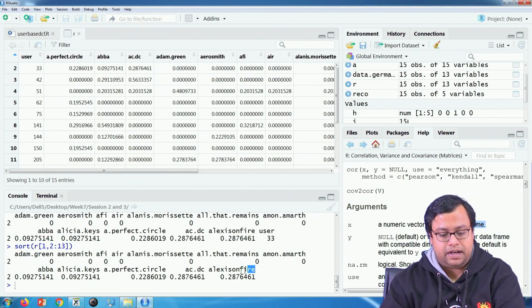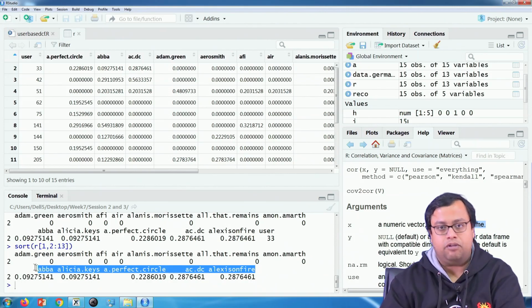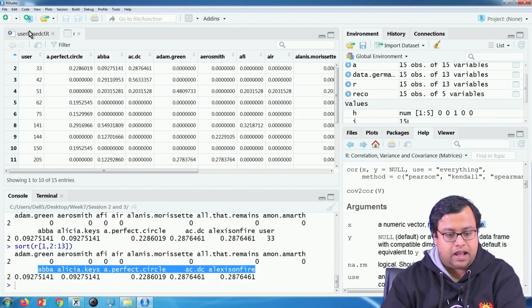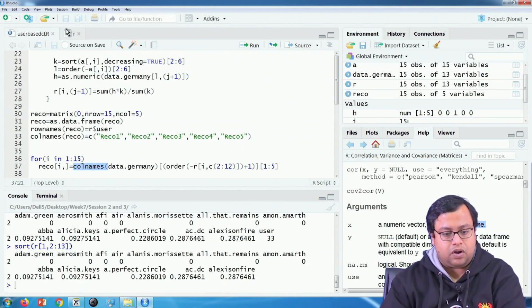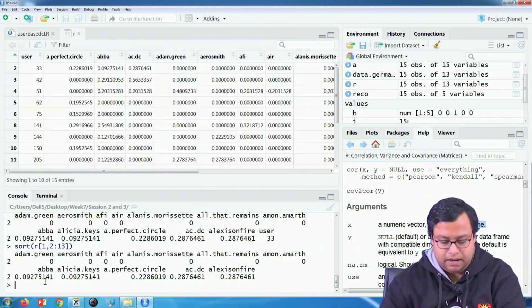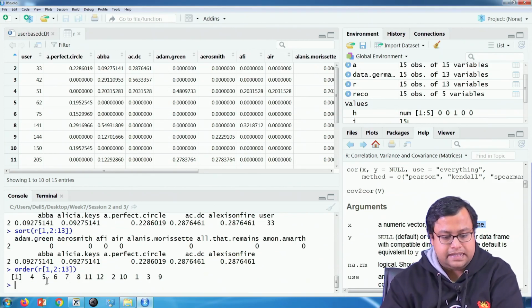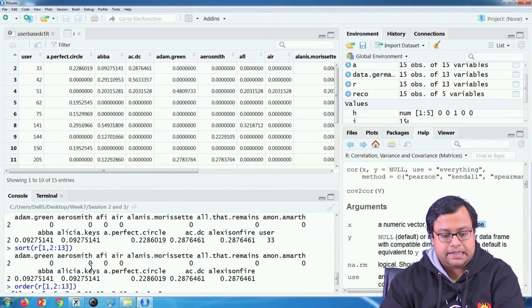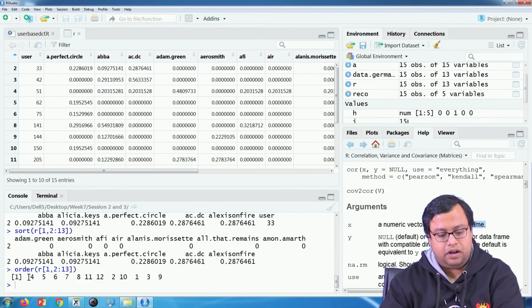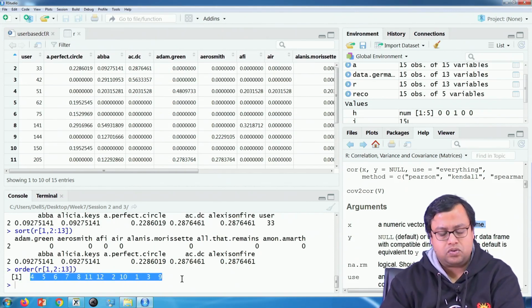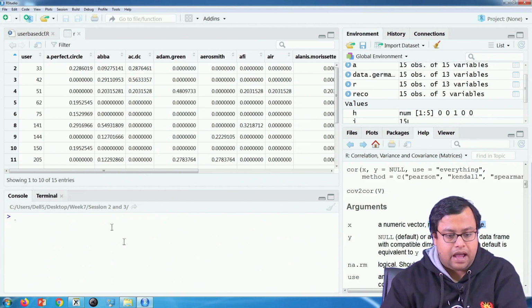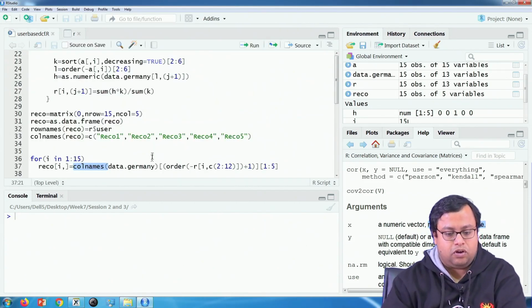So, which ones will I recommend? These 5 basically I will recommend, the last 5. So, what I have done? I am doing an order instead of sorting up. Order is giving me basically the position of this lowest to highest and so on, and I am using that position to find out the column names.